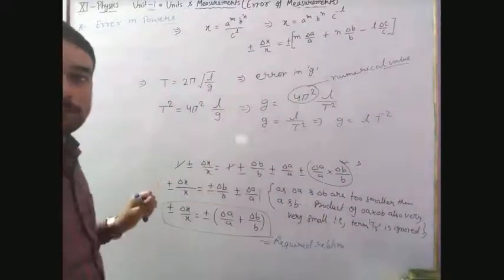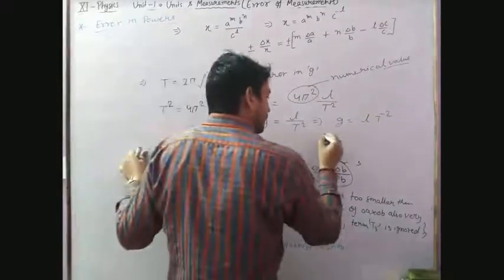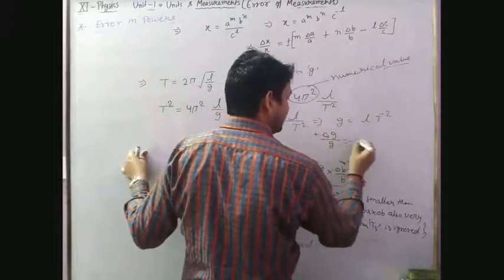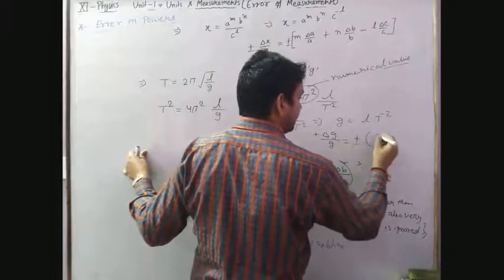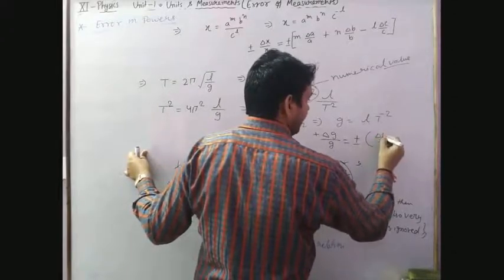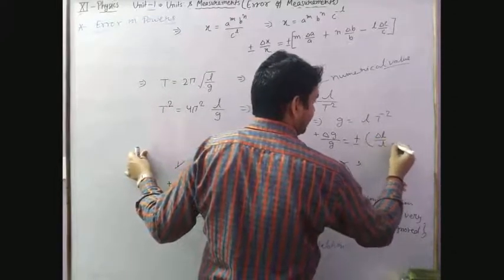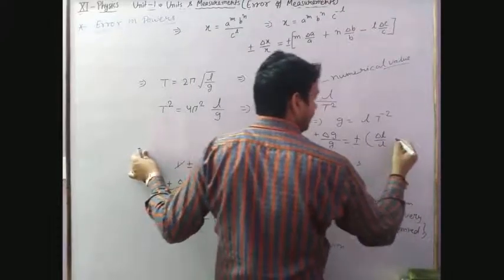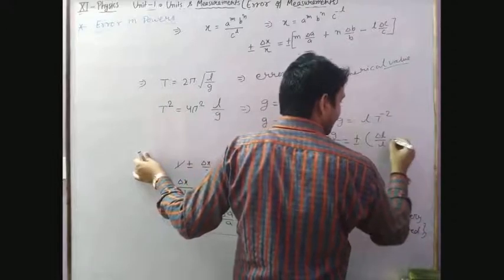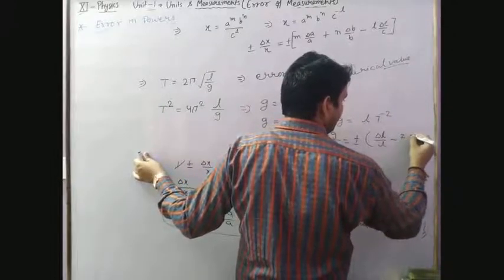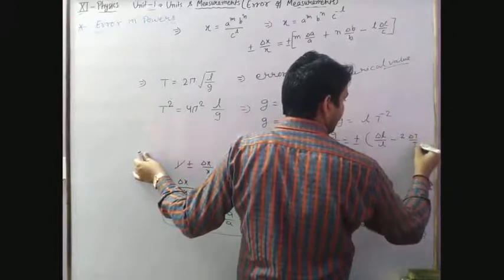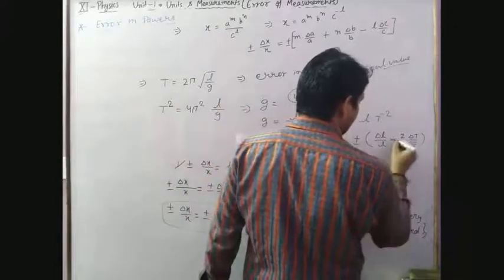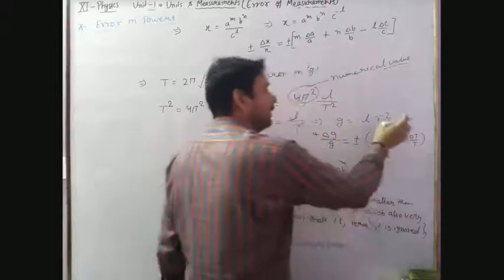Okay, now the error in g is ± Δg/g = ± (ΔL/L + 2 ΔT/T), since the power is negative.